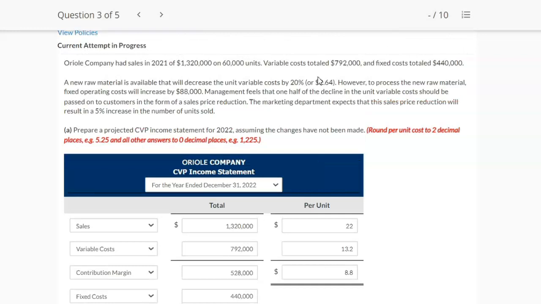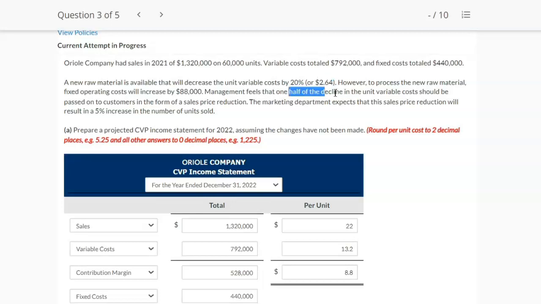We are expecting a 5% increase in units, so 60,000 multiplied by 1.05 gives us 63,000 units. However, the unit selling price is going to change by half of the decline in unit variable cost, which is 2.64.